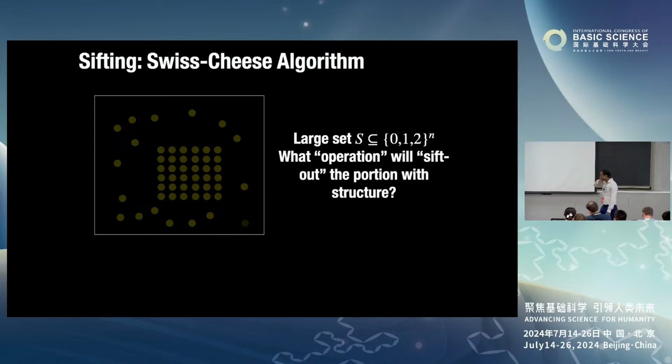There is some algorithm that we can do to find it, and we call this part sifting. It's also known as dependent rounding, but for this talk let me call this the Swiss cheese algorithm.